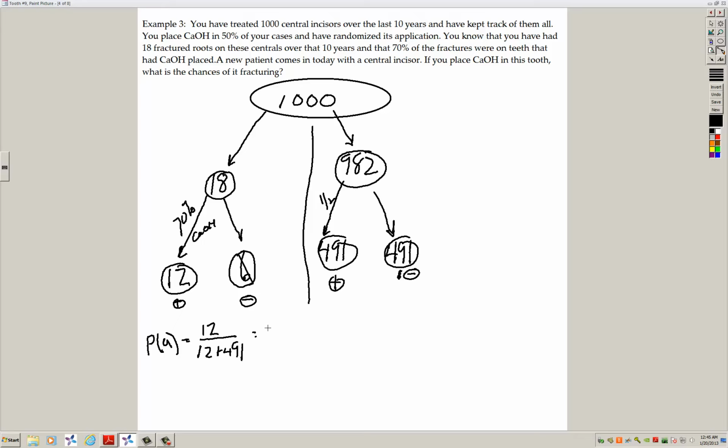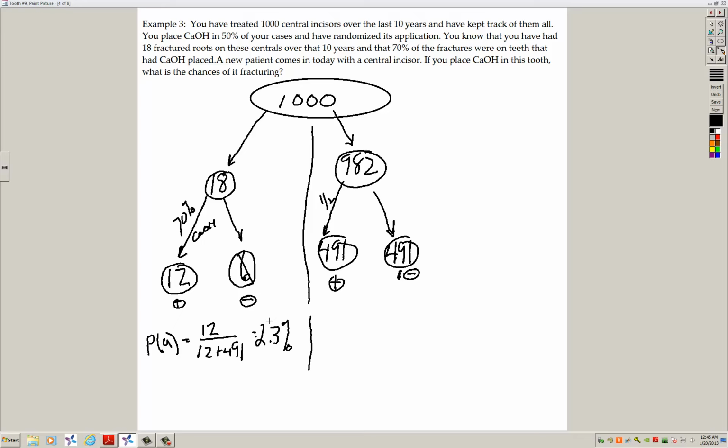And what that equals, I've done the math ahead of time, is 2.3%. That is the probability, based on our data only, of a tooth fracturing that had calcium hydroxide put into it.